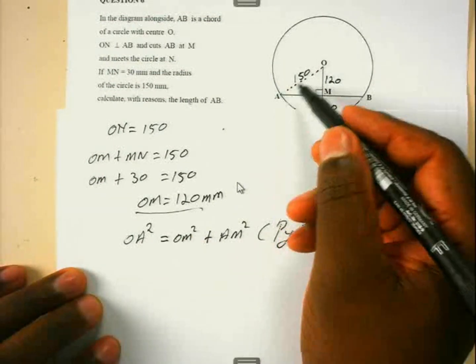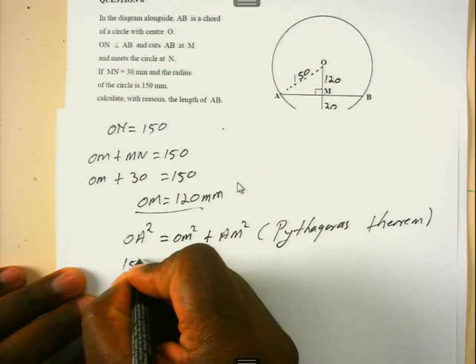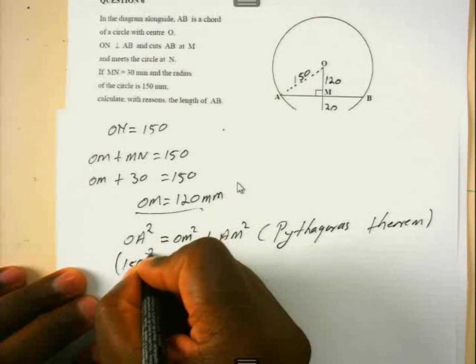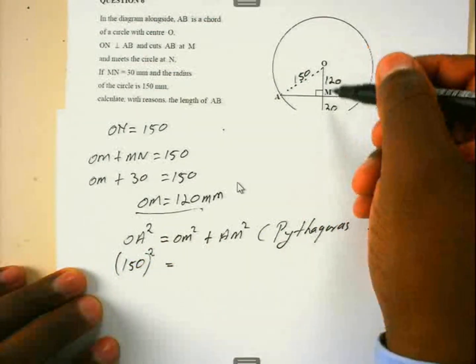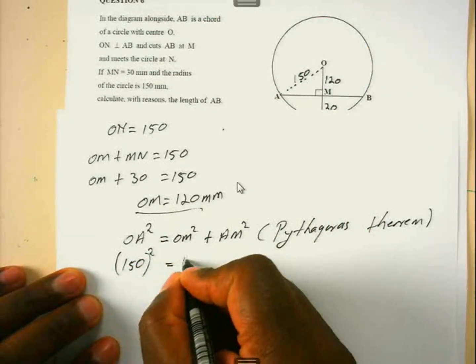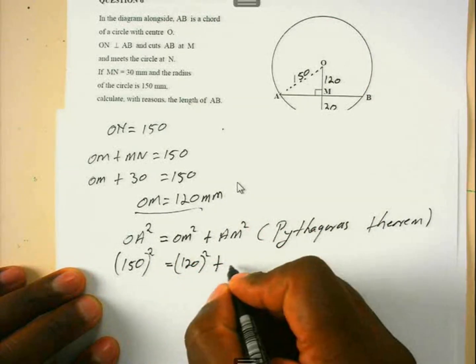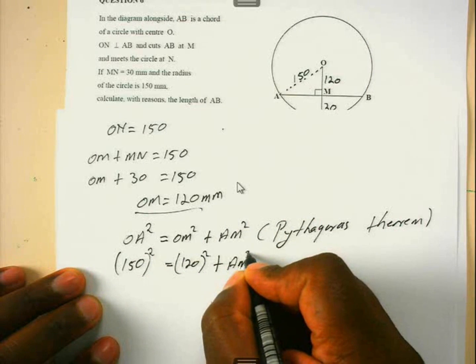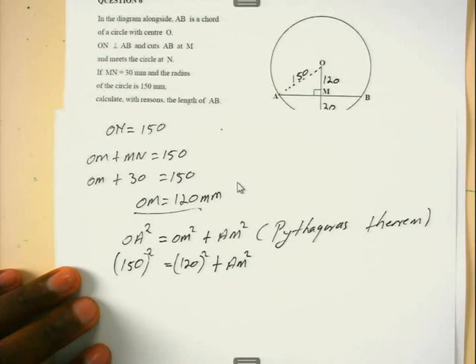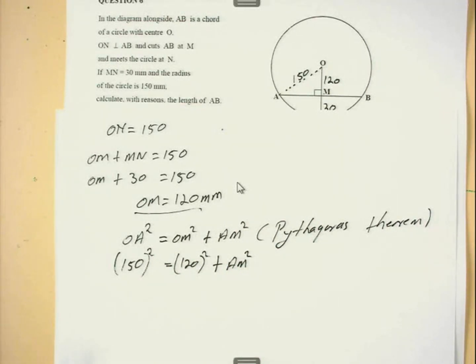OA, look at OA, it's 150. You square it. OM is 120. You square it. AM is our unknown. We want to determine the length of AM. So let's square 150 with the aid of a calculator. Work it out. 150, you square it.